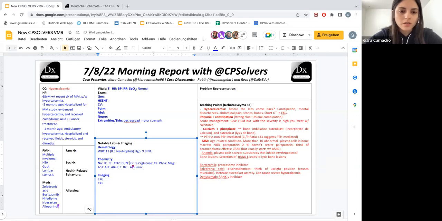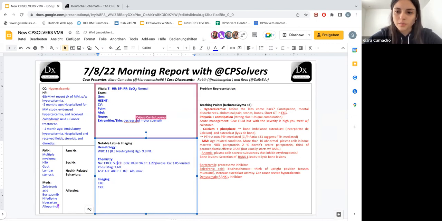His ionic calcium value was 2.05, phos was 2.33, magnesium was 2.16, sodium was 138, and potassium was 5.3. I can stop here maybe.